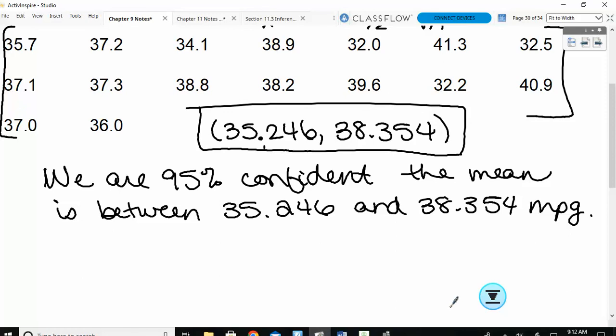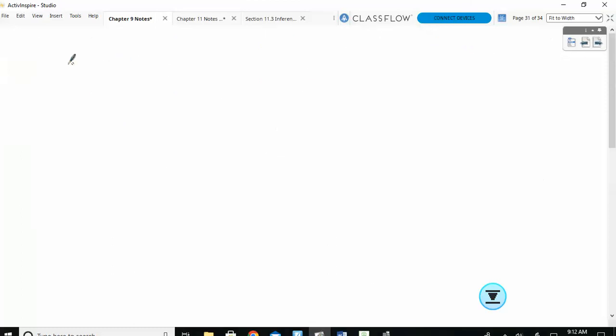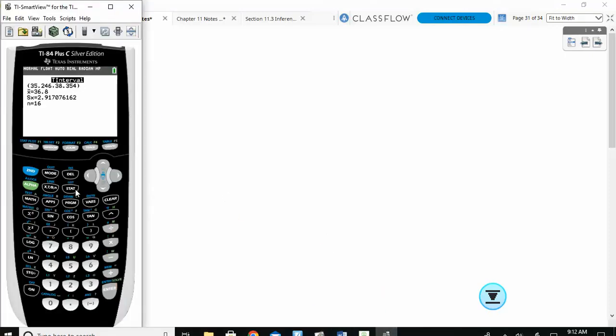I might illustrate how to do that one by hand, just to show you. I think I put a blank slide next to it anyway. So if I wanted to do this one by hand, we have to have the mean and standard deviation. So if you put in your data, you could go to calculate one variable statistics like we did way back when.